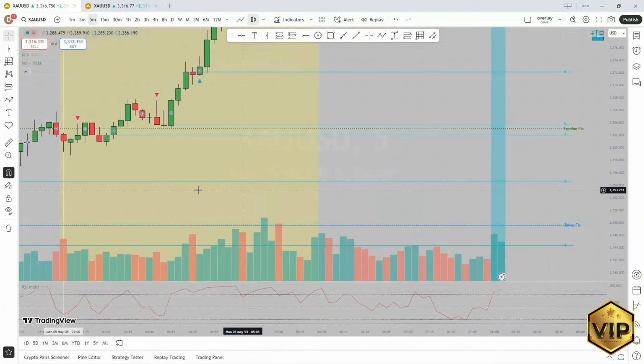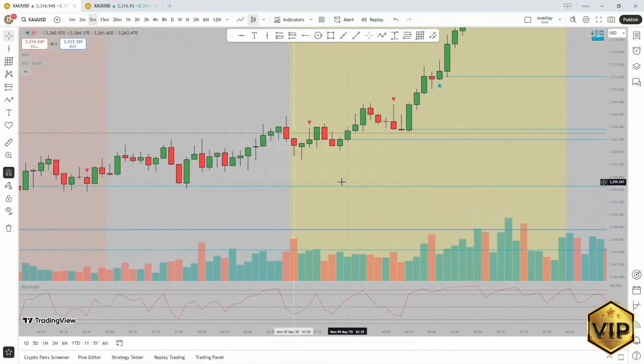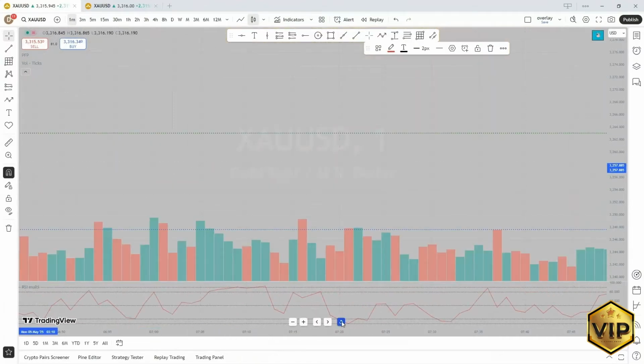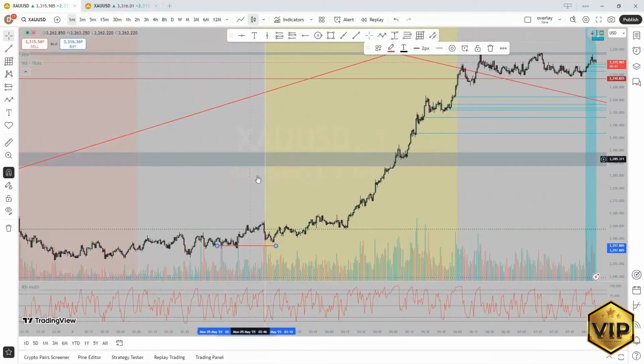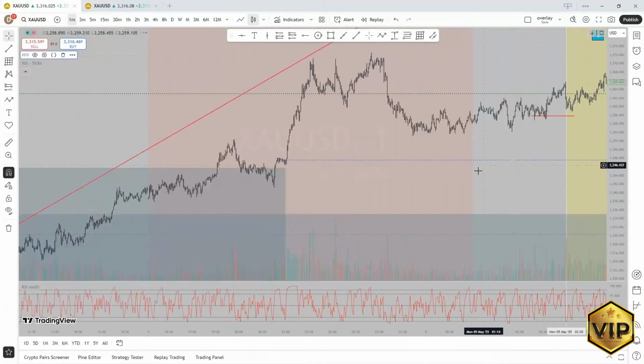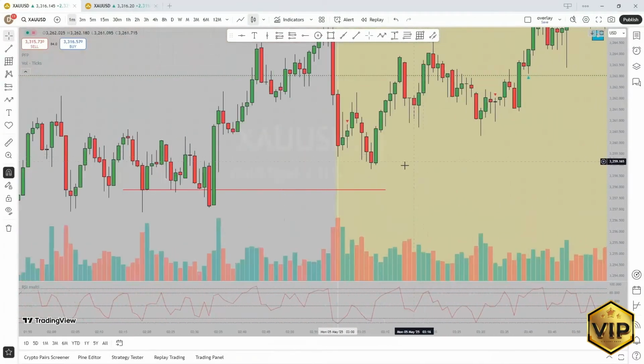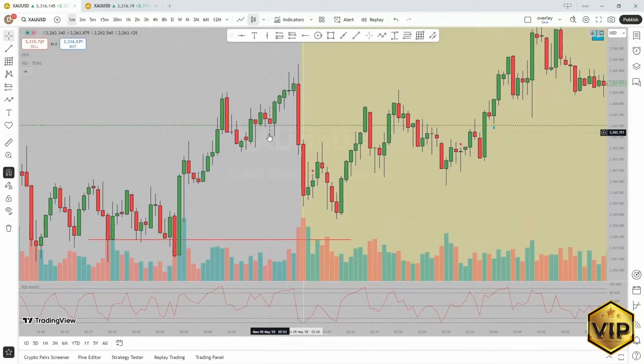So I check on M5, and still no pullback. As you can see, pullback is when it breaks below resistance, right? So the lowest resistance is here. Nothing broke through that. M1, however, did give me a pullback. So where were we? Here we go.